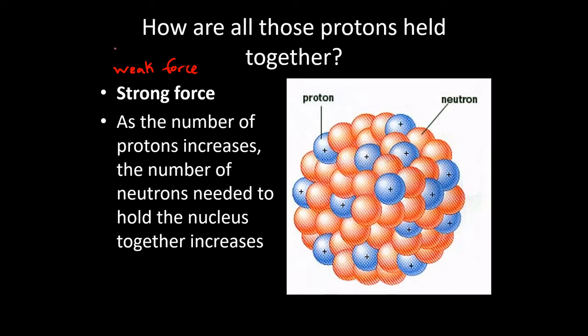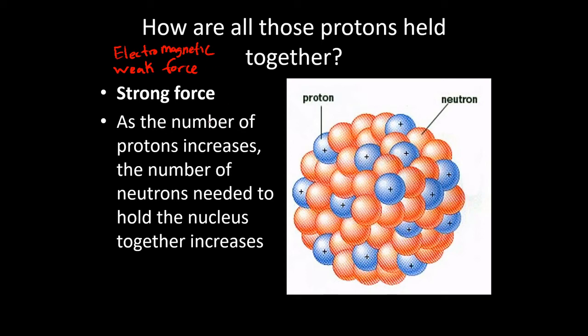There is the electrostatic force, or electromagnetic force, which we're very familiar with. We use it to power everything electronic. We're relatively familiar with the electromagnetic forces.